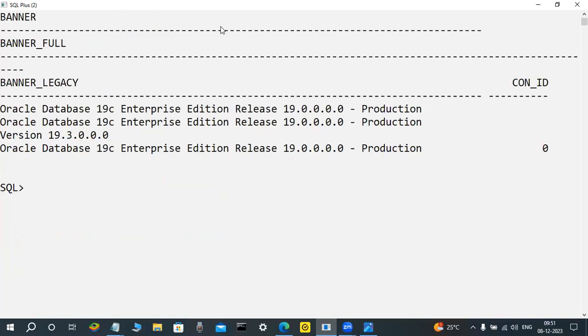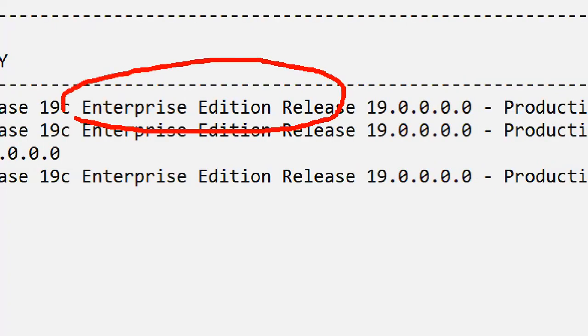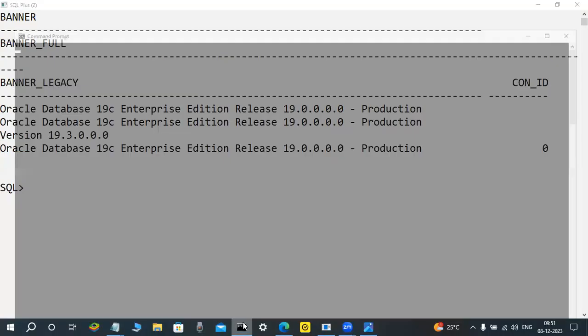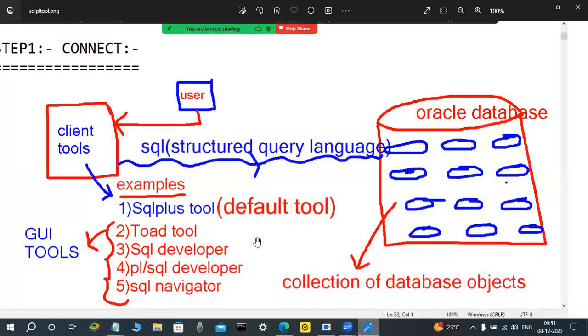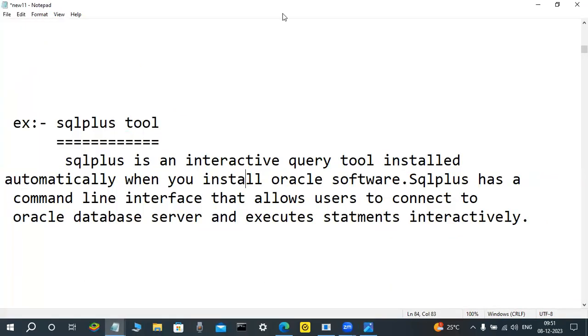Observe here, there are these types of editions. Which edition you are installing and how we are installing, all these things I'm telling. Then only through this tool we interact with our Oracle server. That's why installation knowledge is required. Before installation, some edition knowledge is required. All those things I will tell you in the next classes.